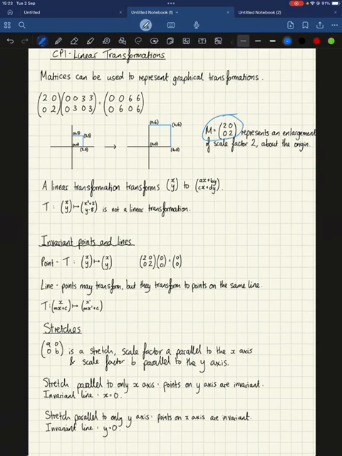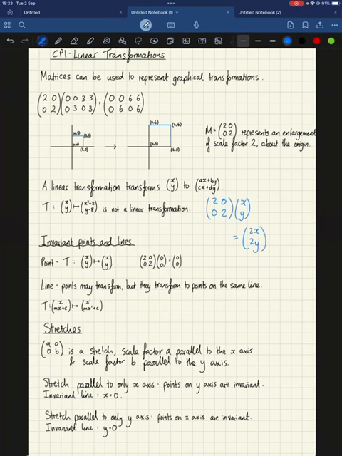Now this matrix over here, (2 0; 0 2), it is a linear transformation, it's a transformation matrix. But you may be thinking, oh, it's not in this form of (ax + by, cx + dy). Well, let's look at what happens. If we multiply (2 0; 0 2) by a point (x, y), we end up with (2x, 2y).